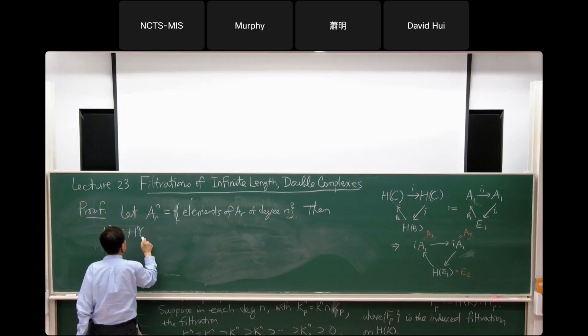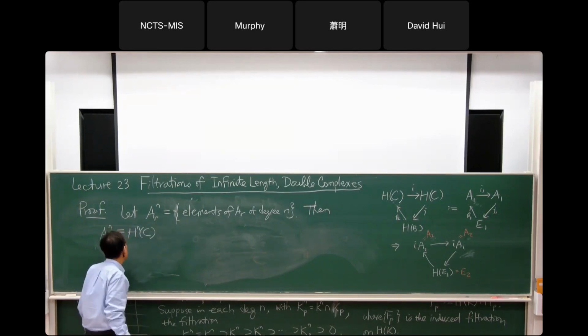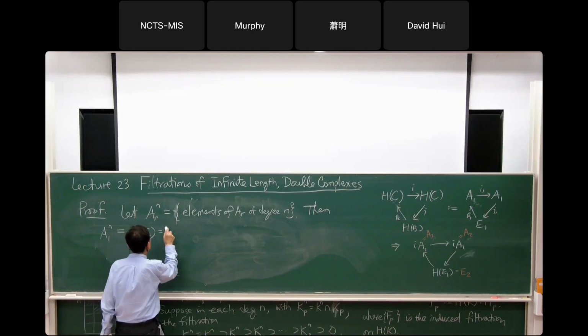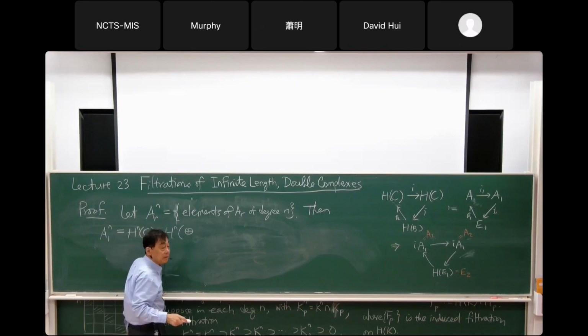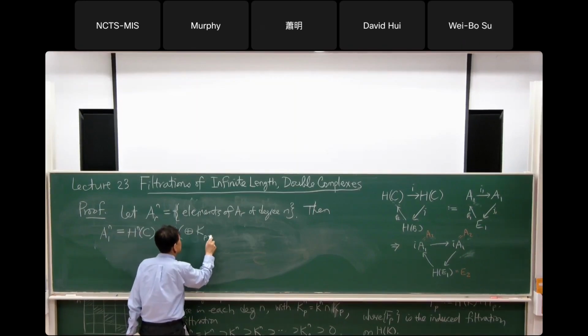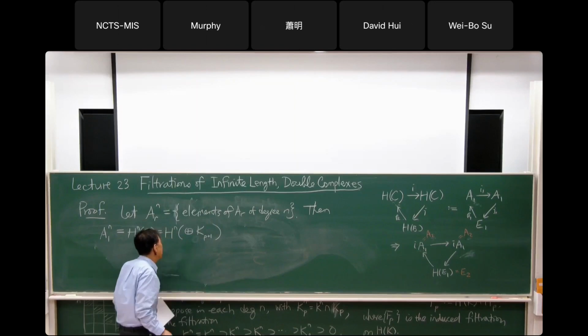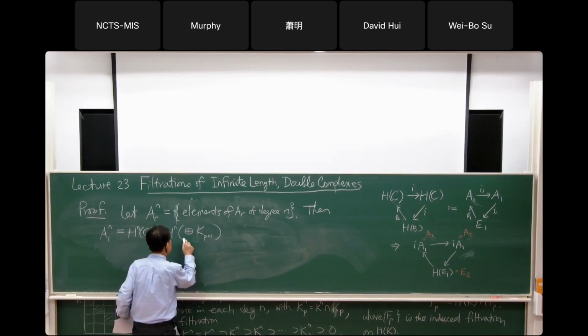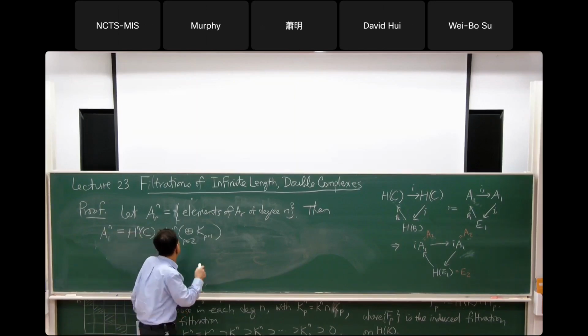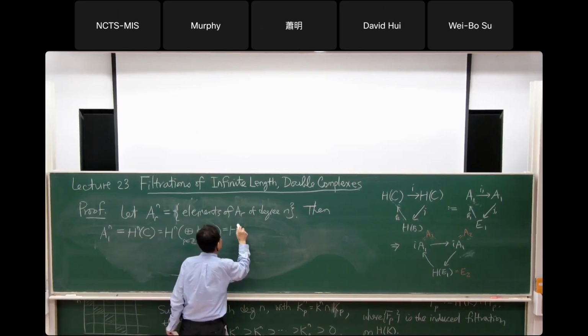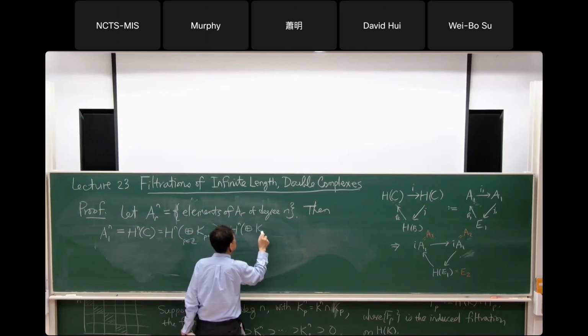So it's H^n of C. And C is the direct sum of K^{p+1} over all p. But that's the same as the direct sum of K^p over all p.